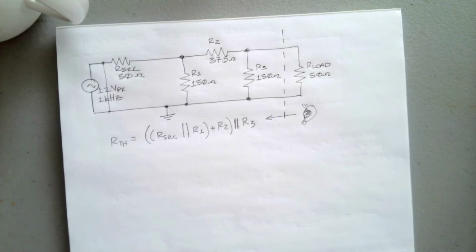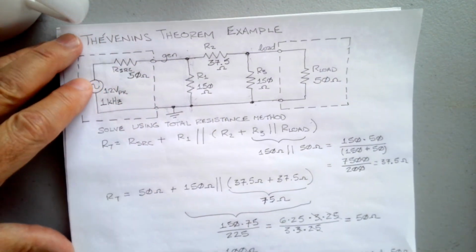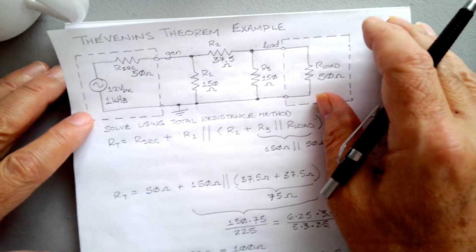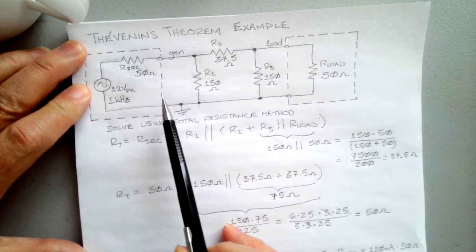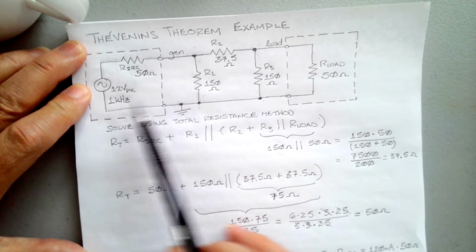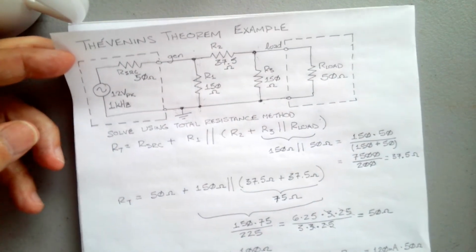If we look at what we computed in that last example, by the way, now this circuit's a bit of a cheat, because when we computed the total resistance, we're going to do some of these same calculations, all right?